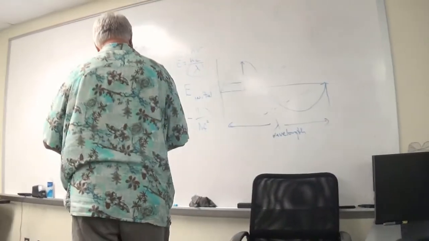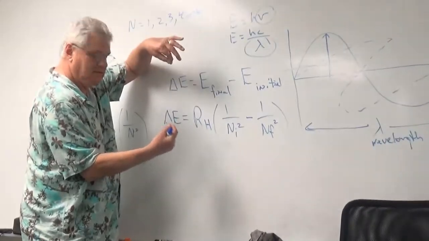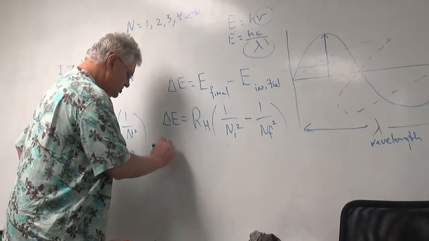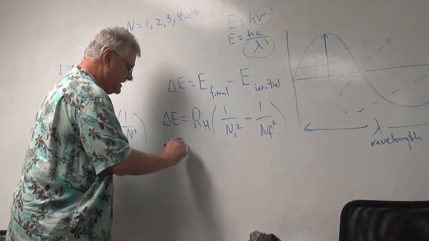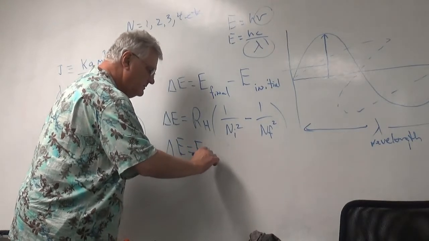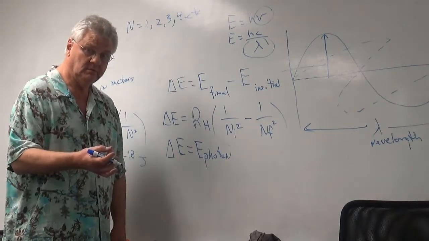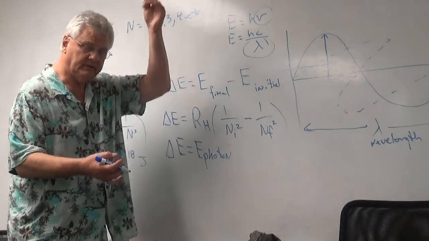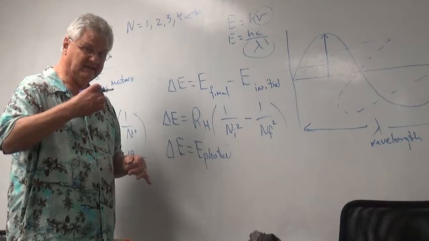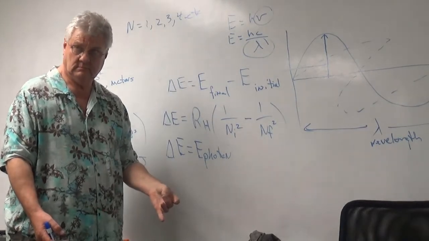If you know this change of energy in the two electron states, then this change of energy is going to be exactly equal to the energy of the photon that was either absorbed when the electron went to a higher state, or that was given off when the electron went to a lower state.